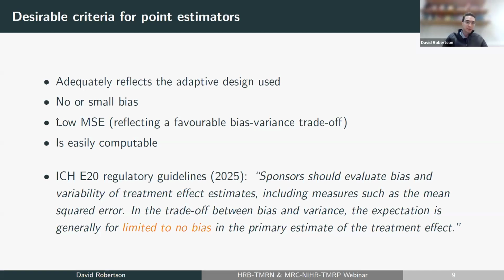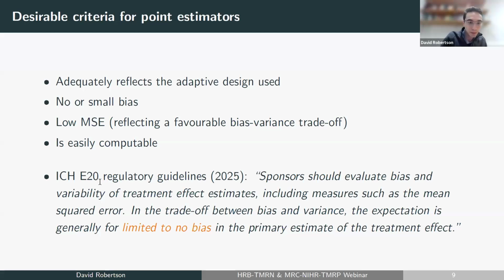But at the same time, we ideally want to have low mean square error, reflecting this favorable bias variance trade-off. And particularly for more methodological research, when we're running lots of simulations, ideally this point estimator should be easily computable and not require massive simulations, which for more complex estimators or trial designs, it's possible to run into computational issues.